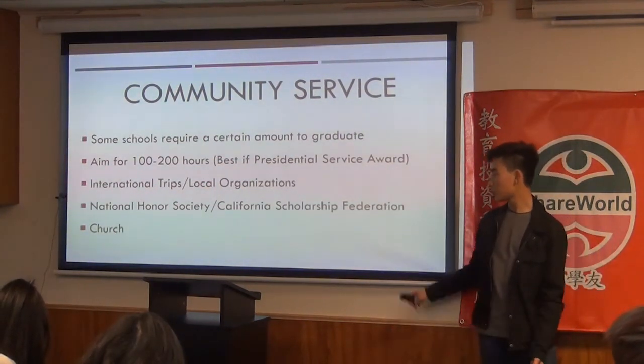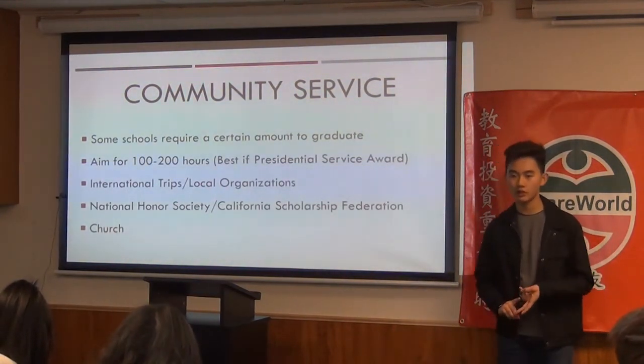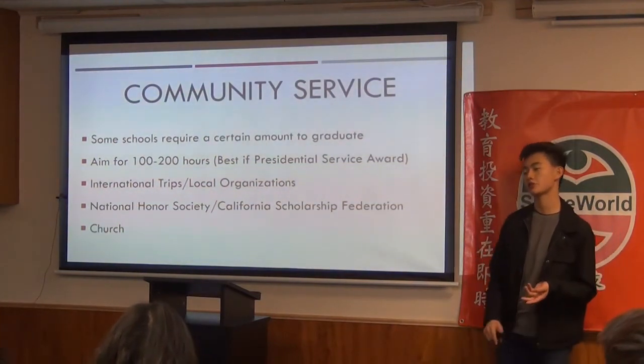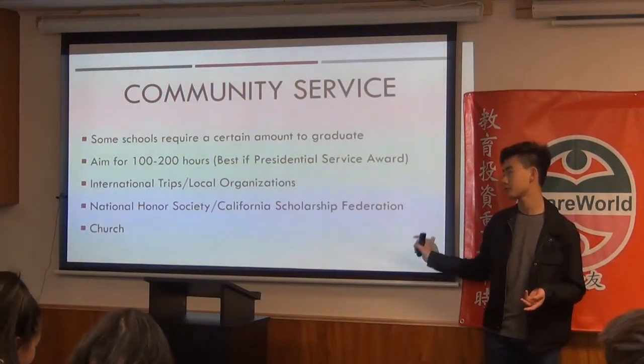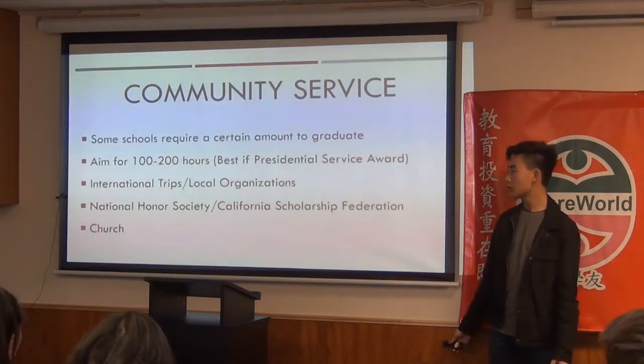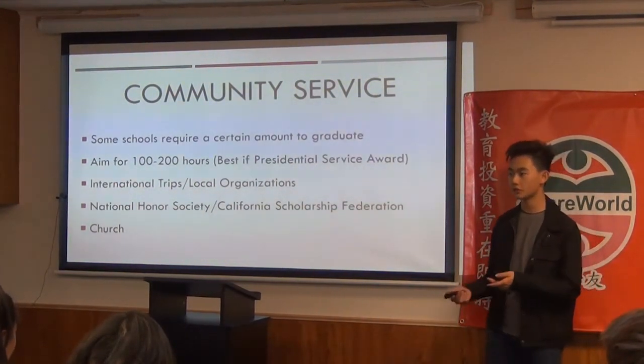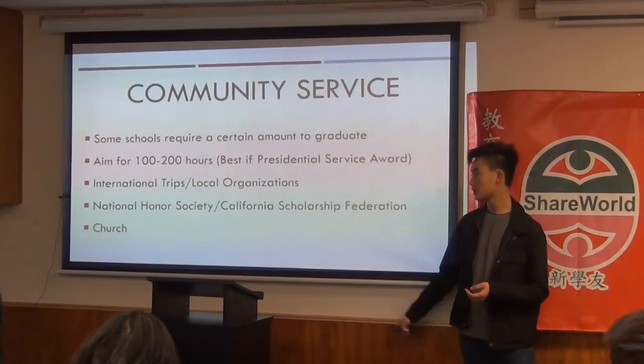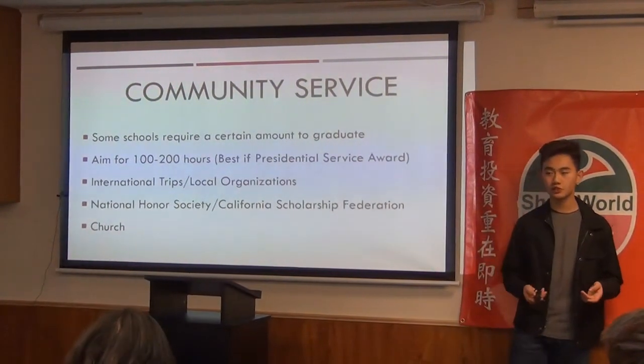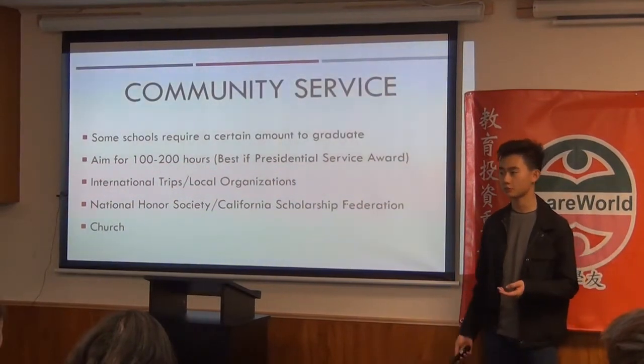At school, one option is National Honor Society or California Scholarship Federation. So NHS and CSF. These two, they are clubs at school that give you opportunities to volunteer. And then the last one is, if you're a member of a church, some churches have volunteering opportunities as well.